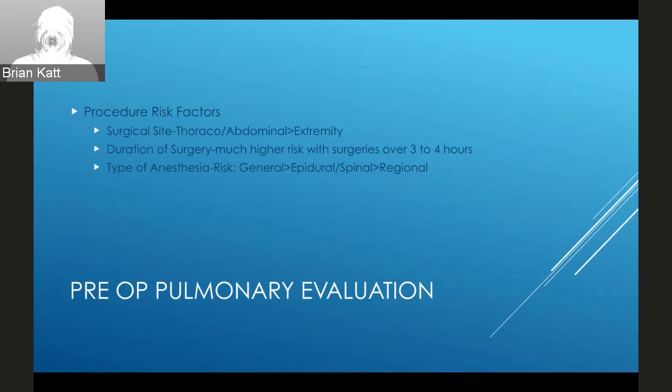So whenever possible, if you can move in the direction of an epidural or regional block, that may be better for your patient as far as reducing pulmonary risk. So particularly in our patients who have known moderate or severe COPD, or other chronic respiratory impairment preoperatively, if we can use epidural or spinal anesthesia instead of general anesthesia, their pulmonary risk tends to be a little lower.